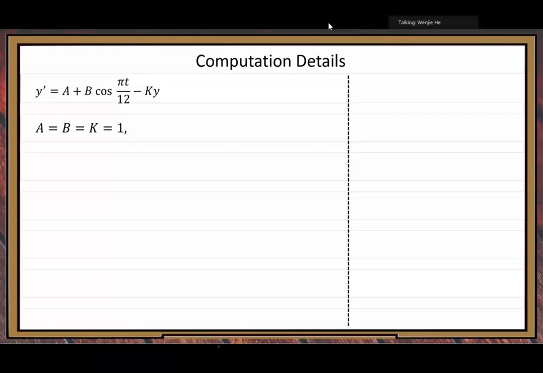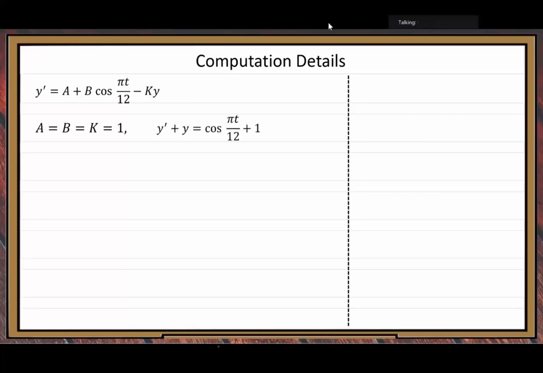So the question allows us to choose some constants. We just choose the simplest constants. If the question gives us some specific condition, then we need to apply this given condition to determine the constants, but now it gives the freedom to us. So we choose A, B, and K, the simplest ones.